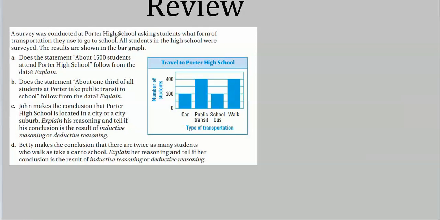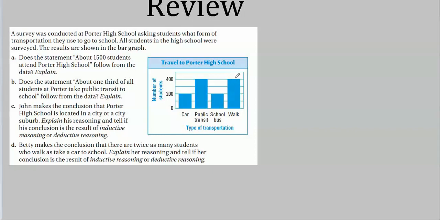Well, see, there's another ambiguous statement. Survey means they were asked. Who knows if they responded or not? If we're going to believe that we collected a questionnaire from every single student, then it seems to me there's about 800 plus 400, which would be 1,200 students. After all, 400 took public transit, 400 walked.